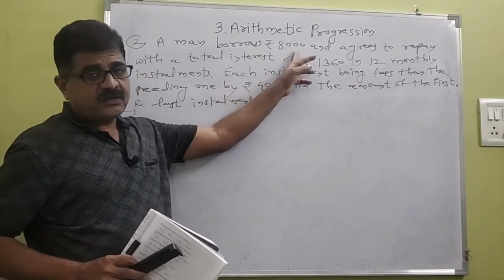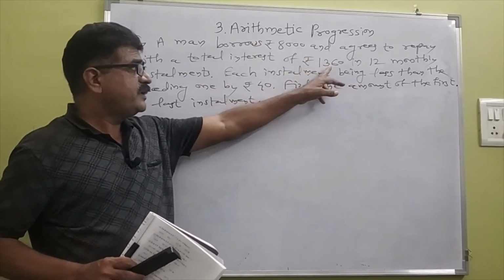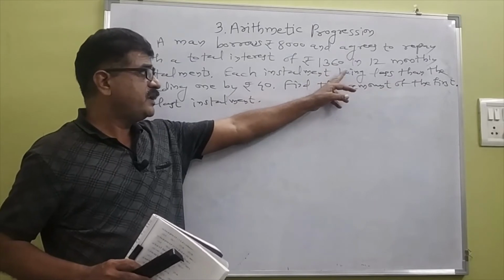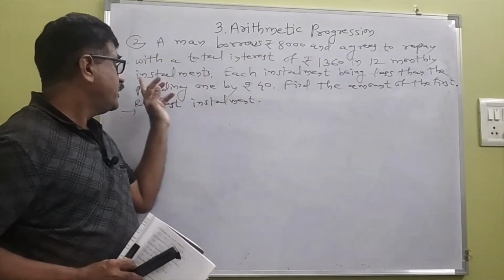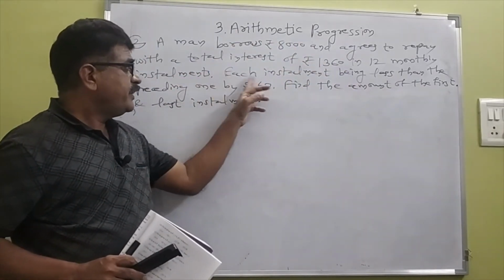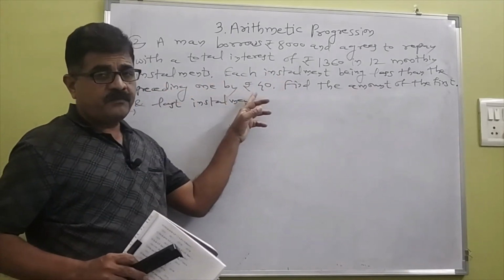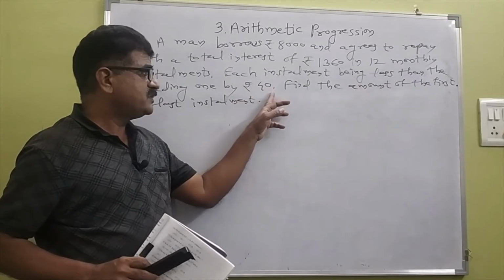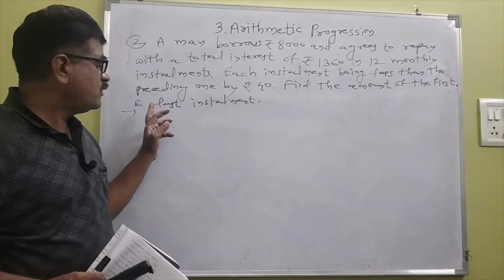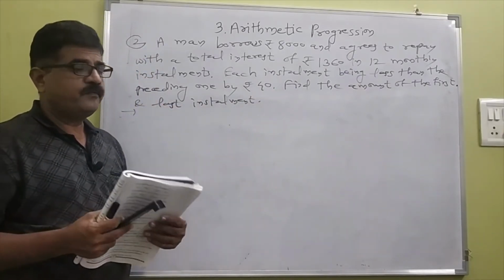He took 8,000 and repays interest 1,360 in 12 monthly installments, each installment being less than the preceding one by 40 rupees. Find the amount of the first and last installment.